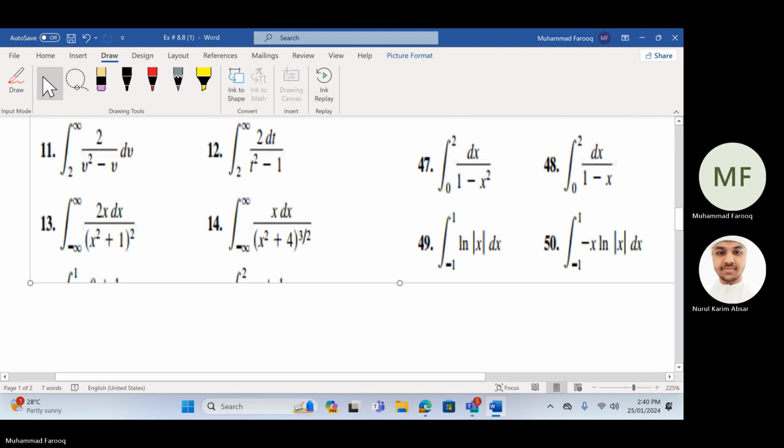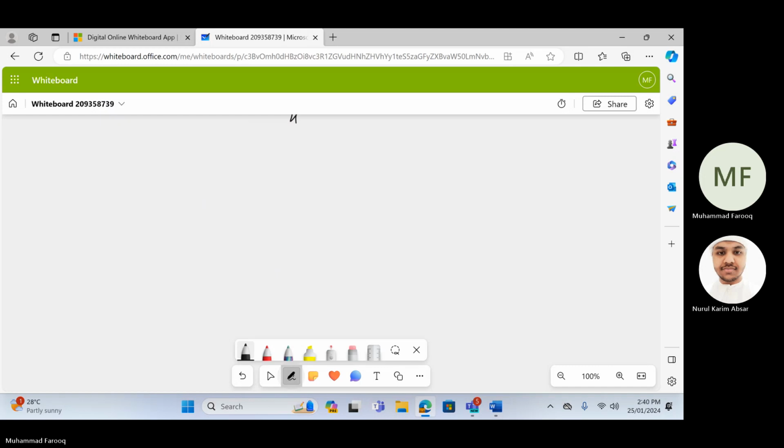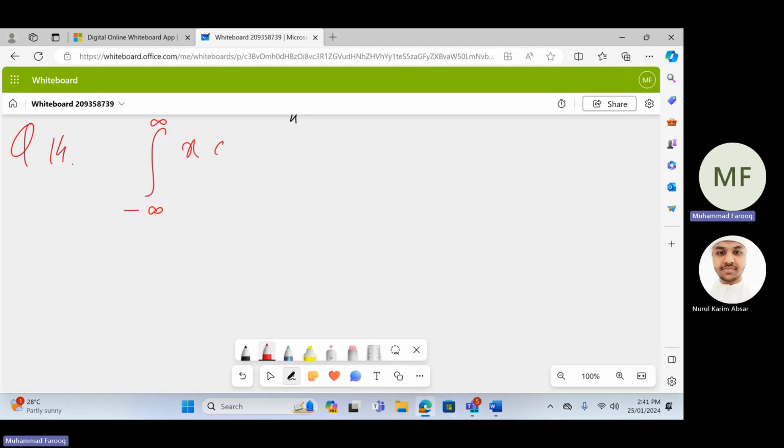Integrate from negative infinity to positive infinity, x dx divided by x squared plus 4, to the power 3 over 2. Again, it's very clear that it's improper, because in the limits you have infinity.